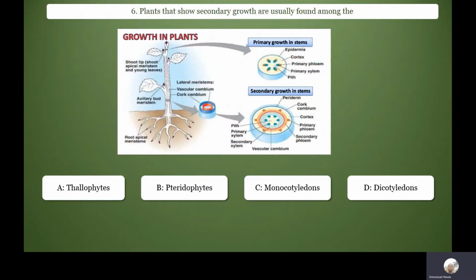Number 6, plants that show secondary growth are usually found among the dicotyledons.